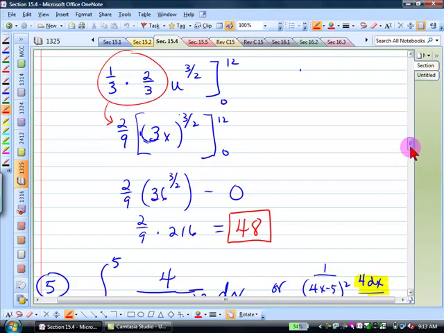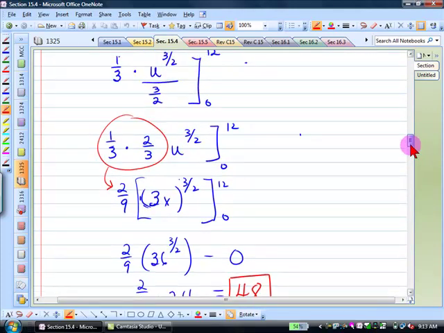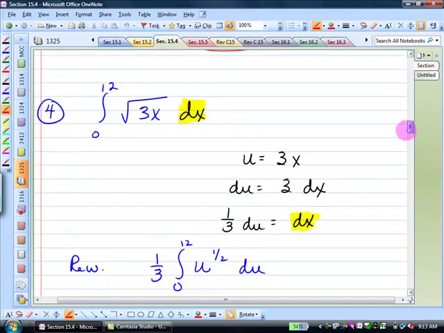Try that one on your calculator, Math 9, just to make sure we get 48. Remember, the original was way up here. So you're going to have Math 9, square root of 3x, close that parentheses after the square root, comma x, comma 0, comma 12.